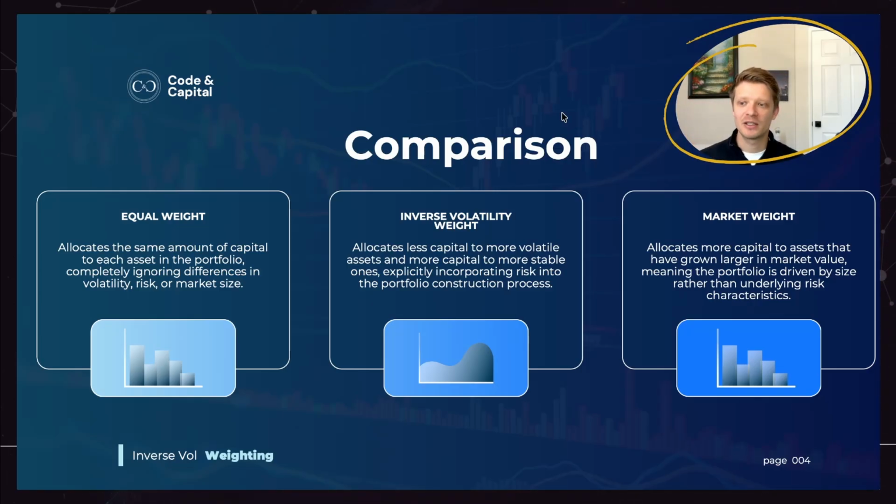Inverse volatility, on the other side, explicitly accounts for how risky each asset is by itself. A useful way to think about it is basically equal weight is $1 per asset, whereas inverse volatility is approximately 1 unit of standalone risk per asset.